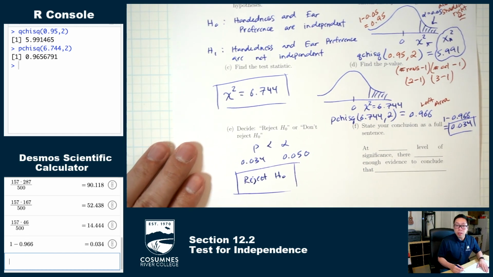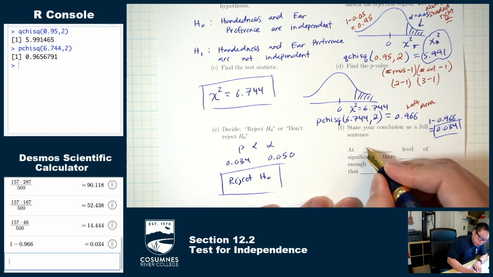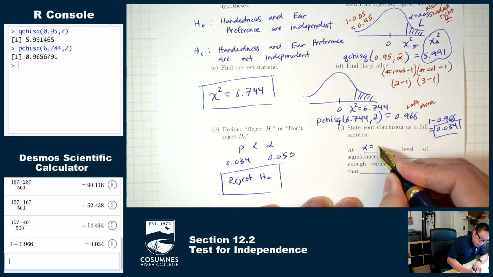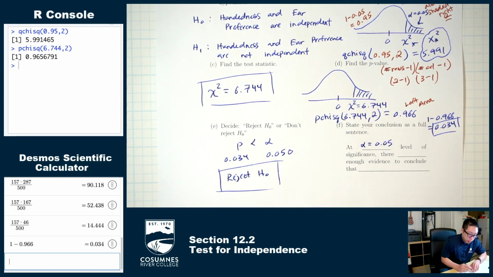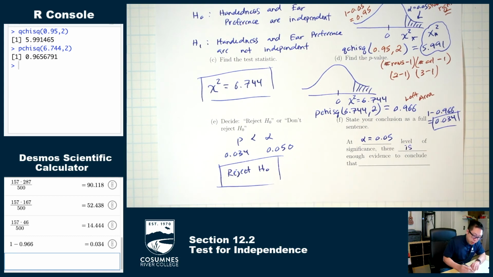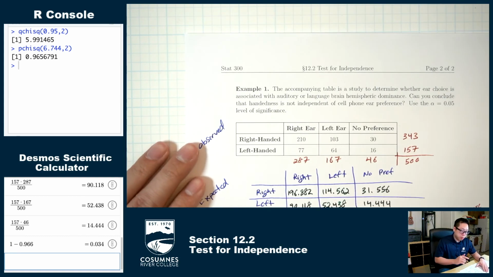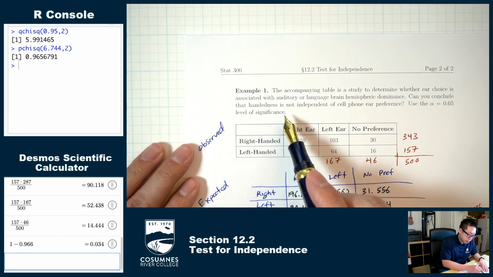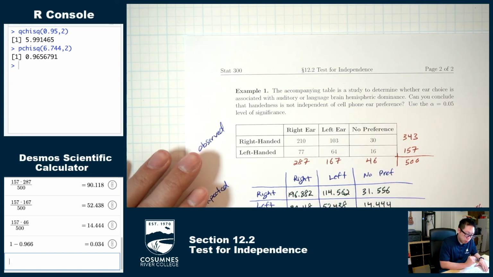And then finally, our sentence. At alpha equals, state your significance level, 0.05. There is or is not enough evidence. Because we did reject, there is enough evidence to conclude that, what are we trying to conclude? Can you conclude that handedness is not independent of cell phone ear preference?